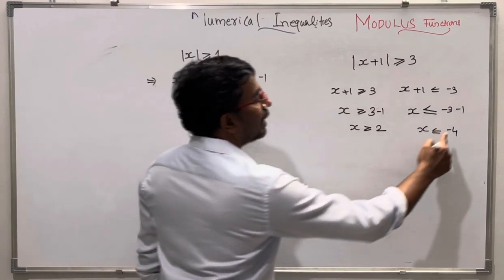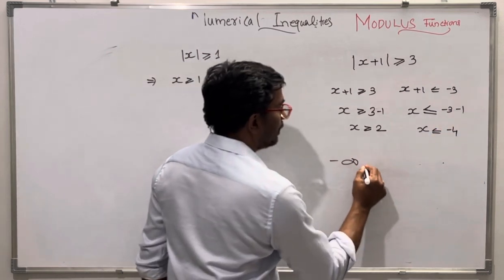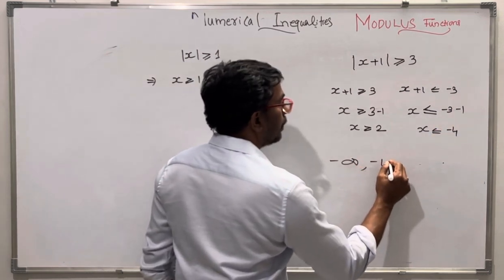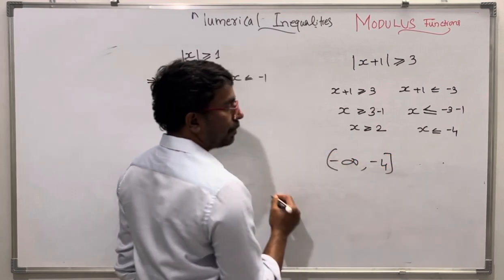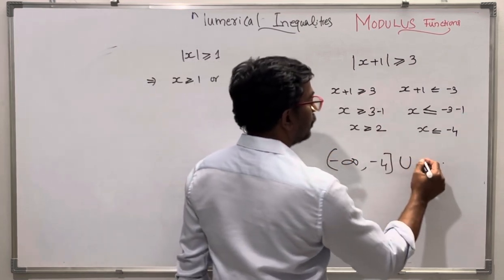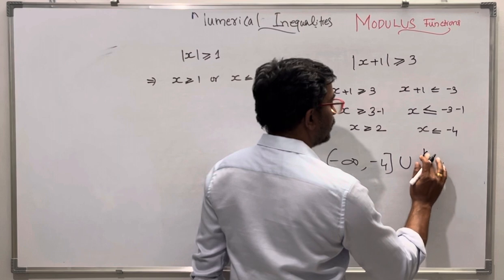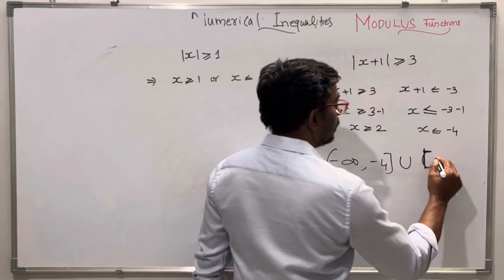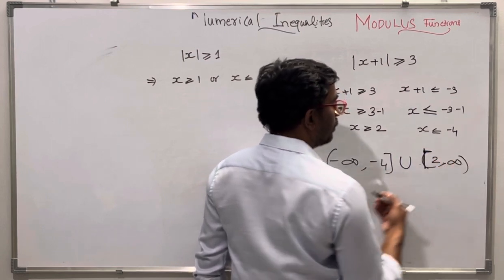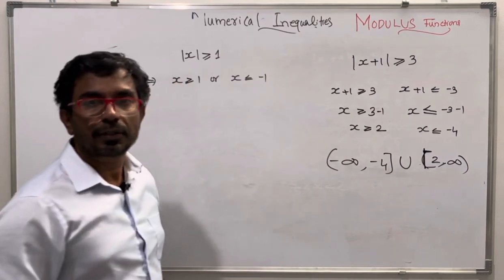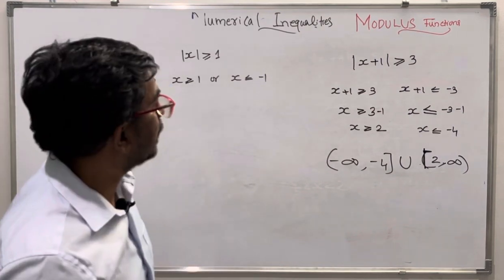X is less than minus 4 means it will be minus infinity to minus 4, open interval. Union, greater than 2 means it will start with the 2, closed interval 2 comma infinity. That's the solution. Let's just try another question.